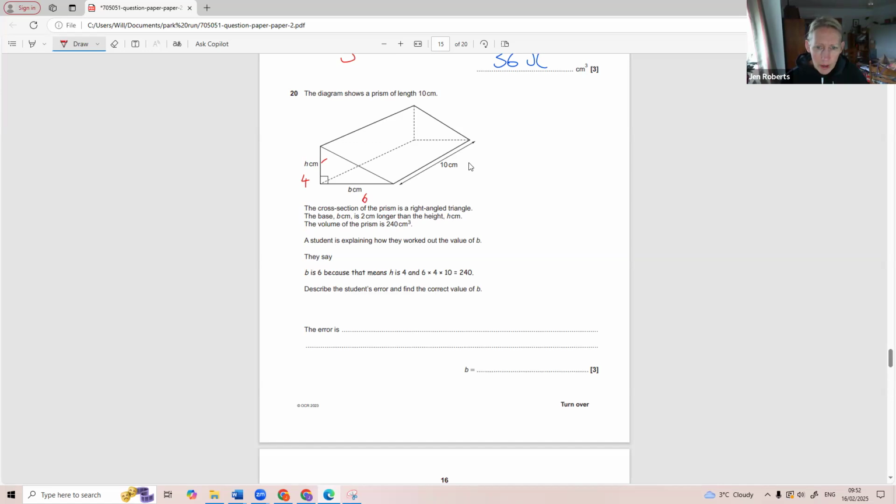But this is a triangle. How do you get the area of a triangle? It's base times height divided by 2. So it wouldn't be 6 times 4, would it? It'd be 6 times 4, which is 24, divided by 2 is 12. It'd be 12 times 10, which is 120. So the error is not halving the cross-section.